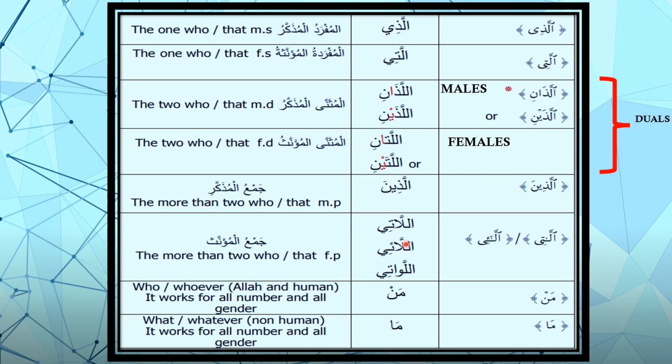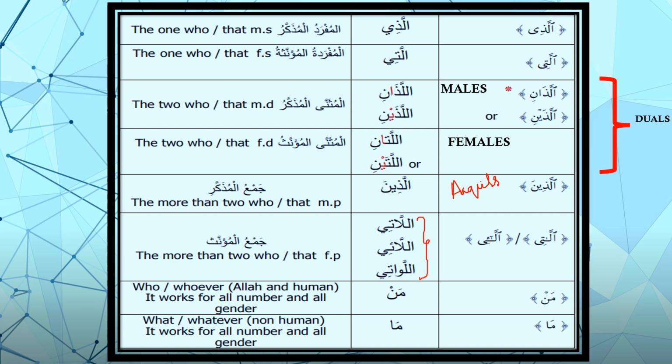This ism mausool is used for male plural, and remember, the ism mausool for male plural or the feminine plural will only be used for the aqil ones and not the ghair aqil. Now we see the three forms of feminine plural. You don't have to worry about it because all these three are the same in meaning.